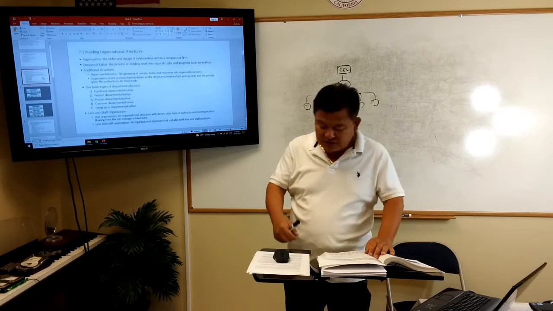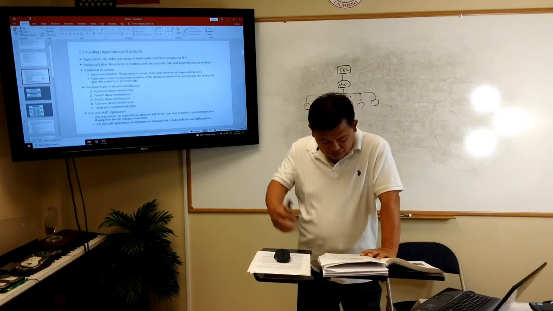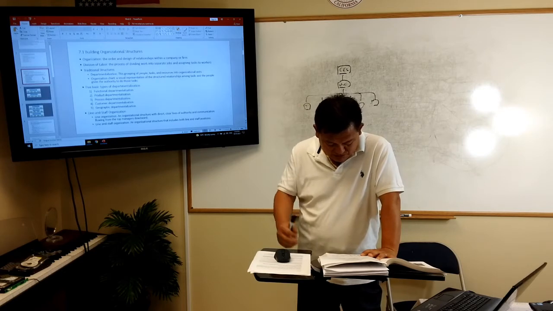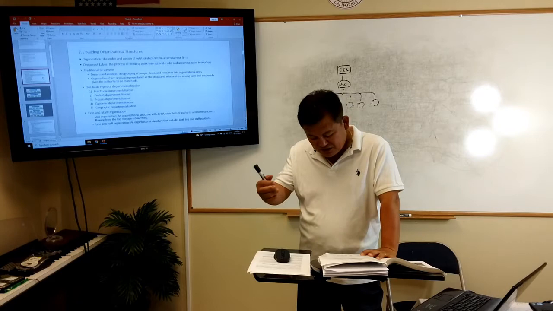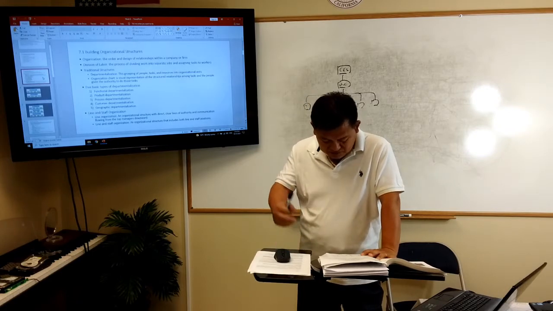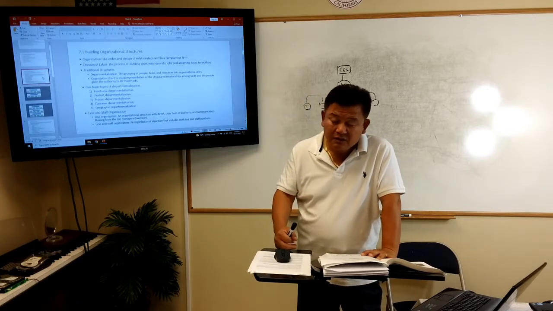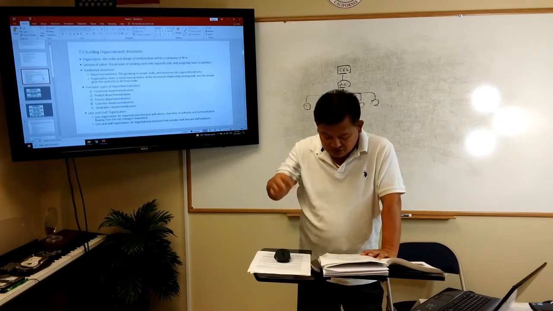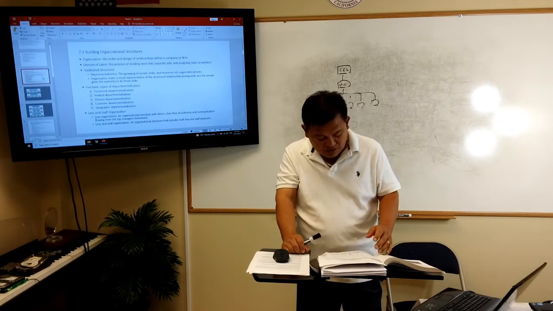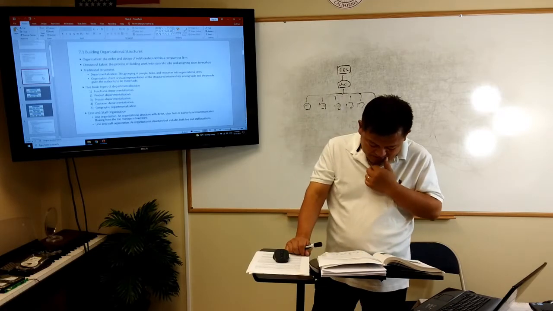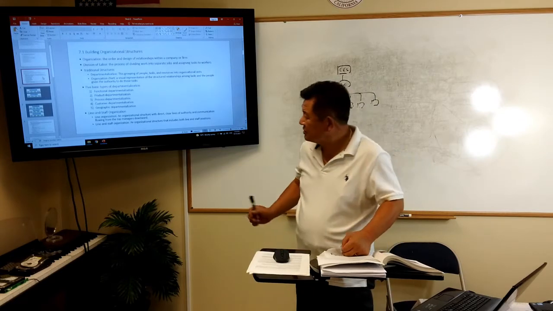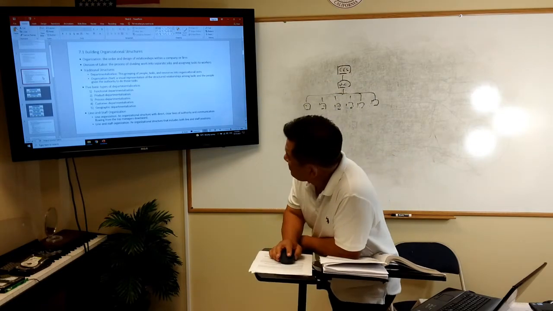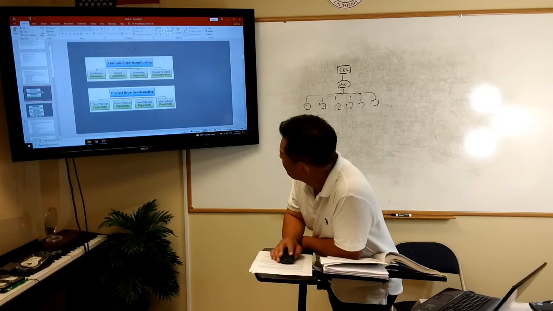The operation part has a production manager and a director of human resources. The marketing part also, as you know, has sales managers, customer service managers, logistics managers, and distribution managers. This is a typical organization chart, as you know.